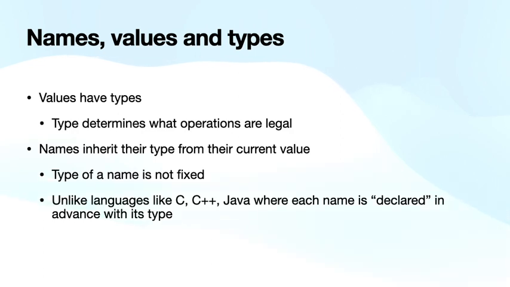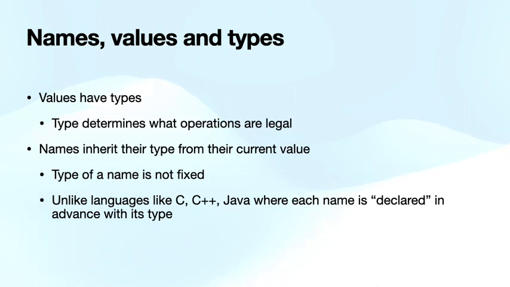The main difference between Python and other languages is that names themselves do not have any inherent type. I do not say in advance that the name i is an integer or the name x is a float. Names have only the type of the value they are currently assigned. The type of a name is not fixed.